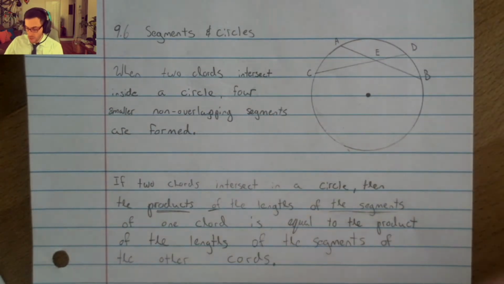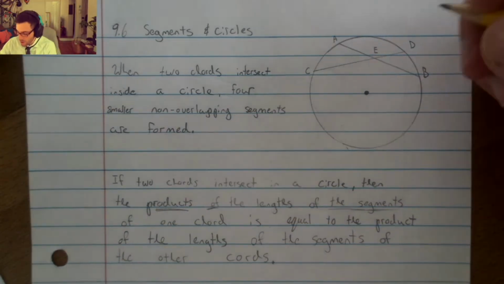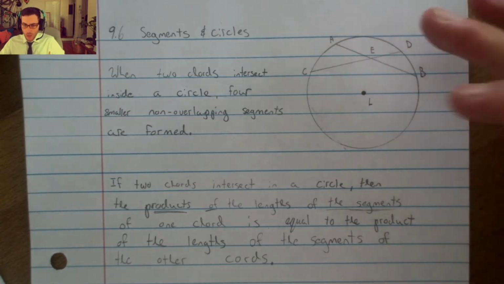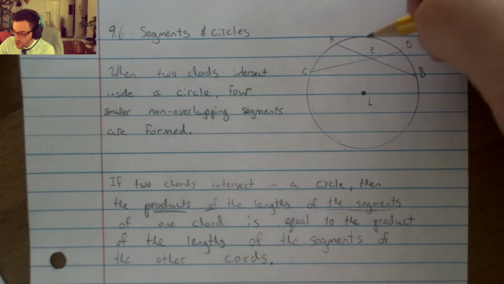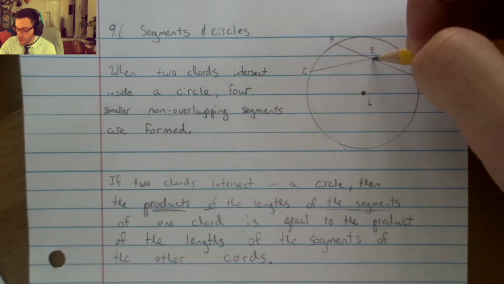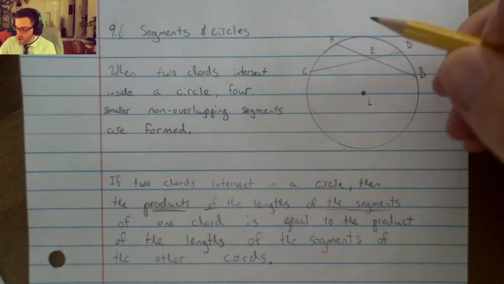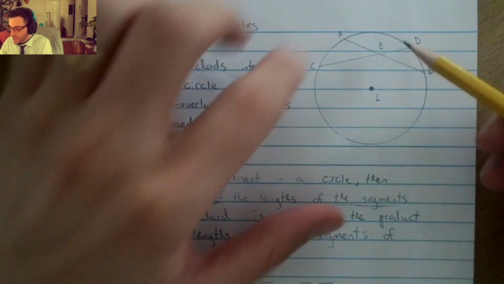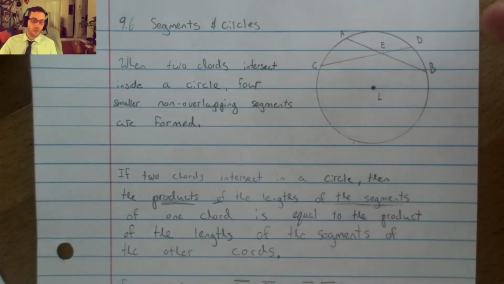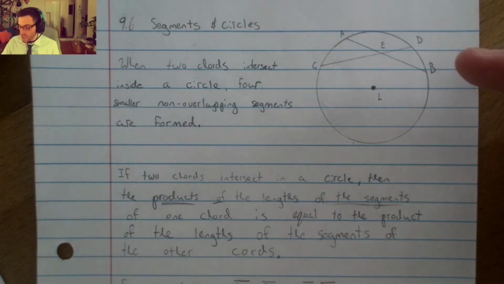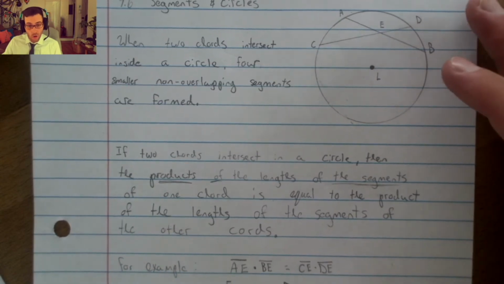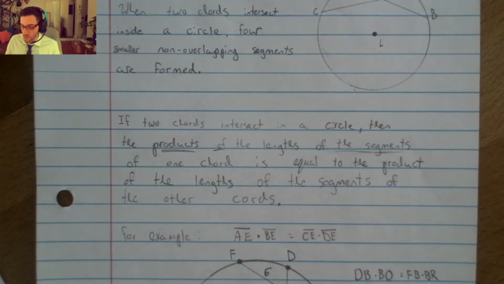In this particular example, circle L is subject to two chords intersecting at point E. When these chords intersect, we end up having segments CE and ED, AE and EB. If we had a missing value and wanted to solve for a portion of the chords, we can set up a system of congruency.